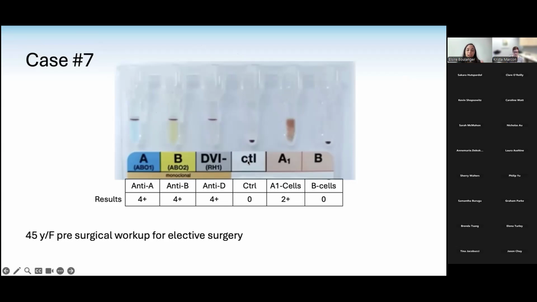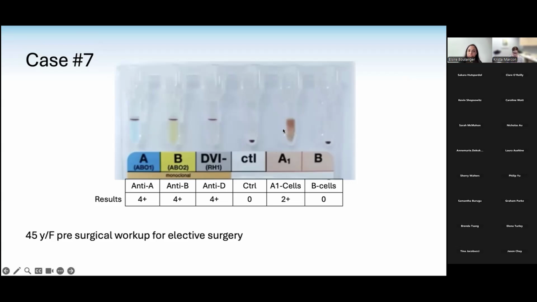Well, this is again very similar to the first cases that we were discussing in this presentation. This is very common. This is a patient who just has an A subtype. So the patient has A2B, or AB. It's an AB positive patient. As I was mentioning, 1 to 8% of the patients who are A2 will have antibody against A1 blood cells, and around 10% to 45% of the patients who are A2B will have antibodies against A1.